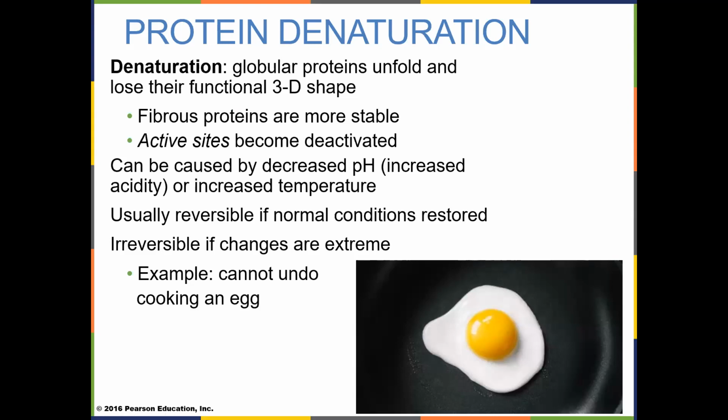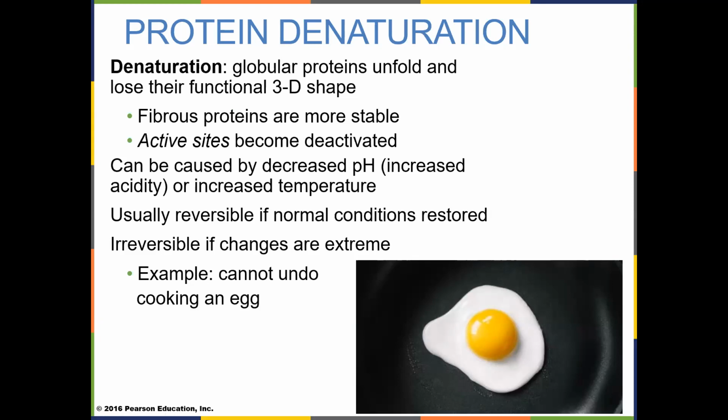A change in pH or a change in temperature can cause the active site of the enzyme to become altered. And so the substrate, the agent that you're trying to get to land on the enzyme, can't land there anymore because the site for it to land on is destroyed.